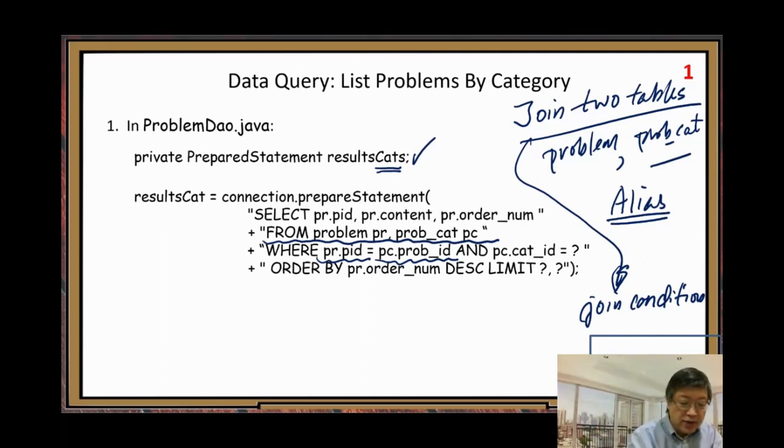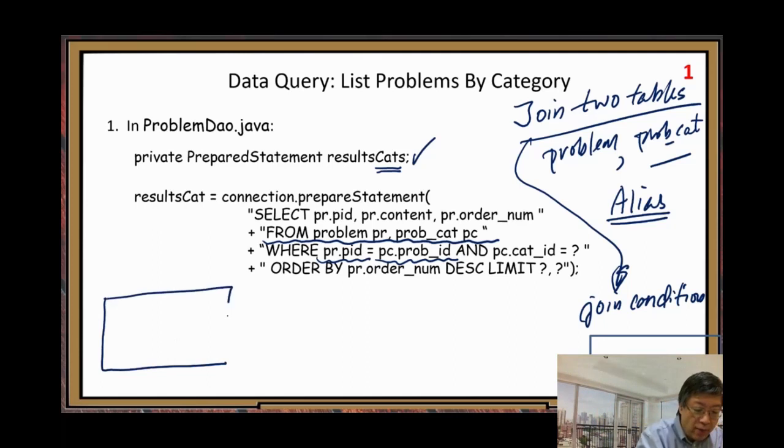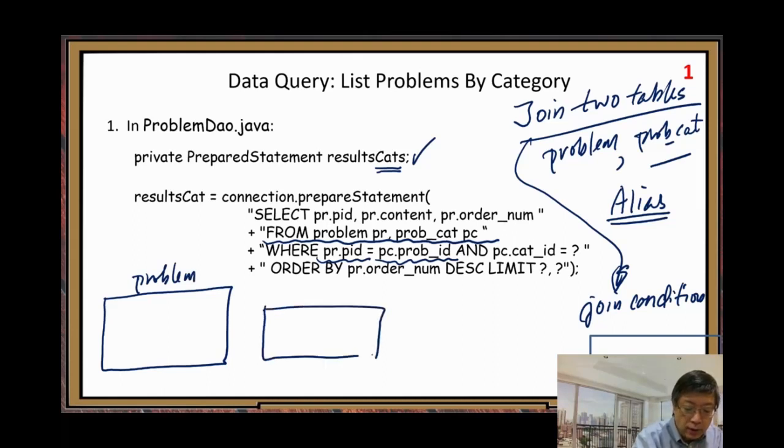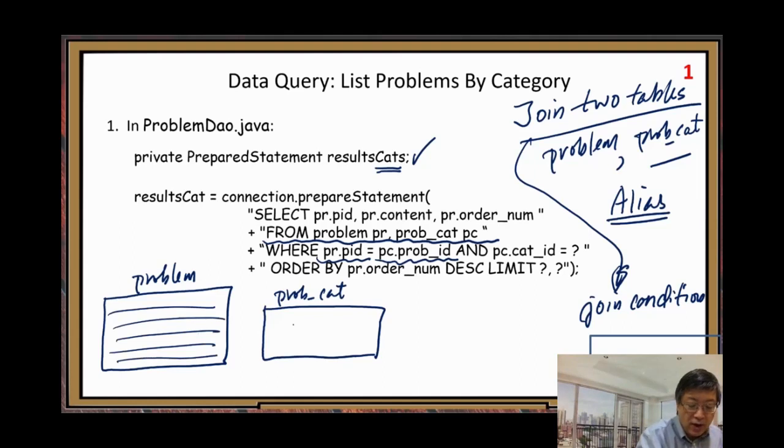All right. So here, if I draw a diagram, suppose this is table 1. Table 1, that's the problem. Then table 2, another table, prob_cat. Table 1, we have many rows. Table 2, we have many rows.